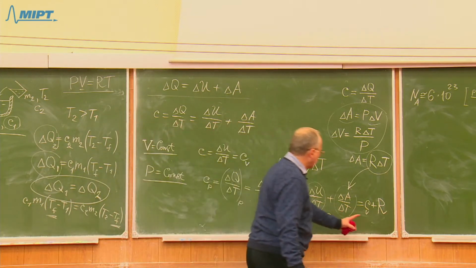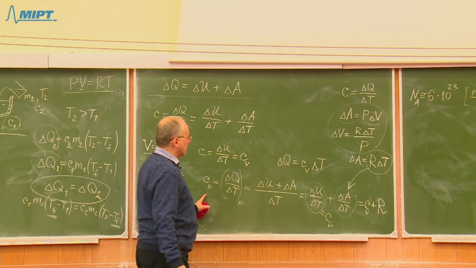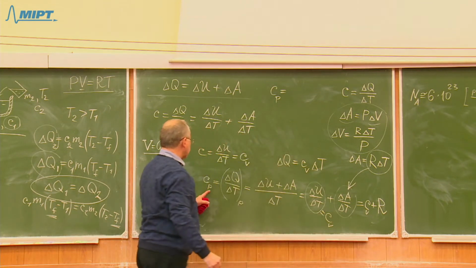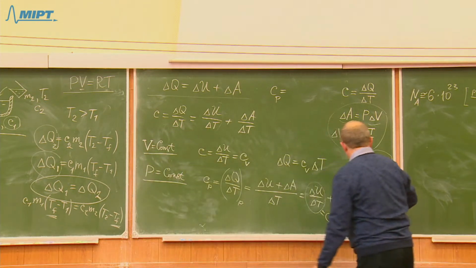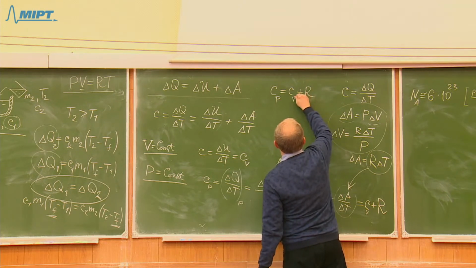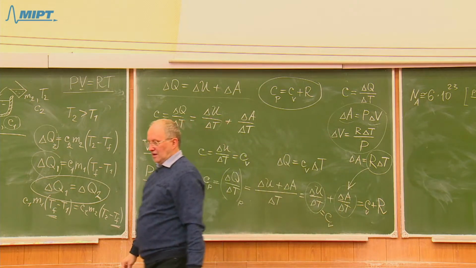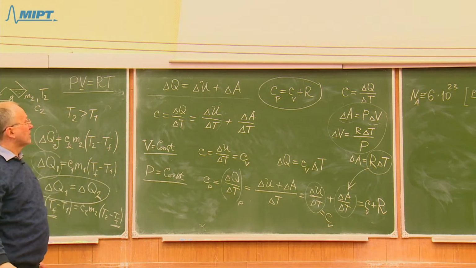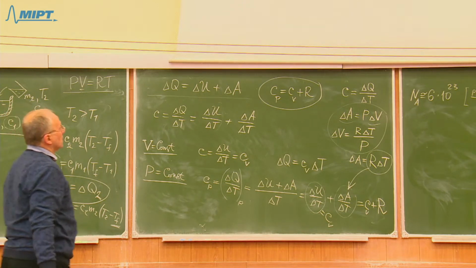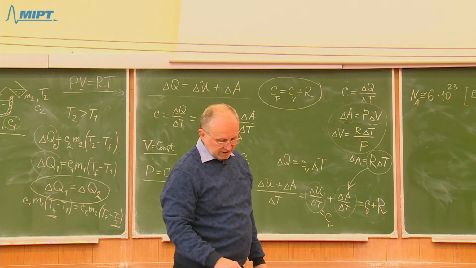Actually, we obtained here the relationship between heat capacities of an ideal gas in the conditions of constant pressure, which is equal to heat capacity under constant volume plus universal gas constant. Such an equation, such a relationship between molar heat capacities of an ideal gas, is called a Robert-Meyer formula, a Robert-Meyer expression.